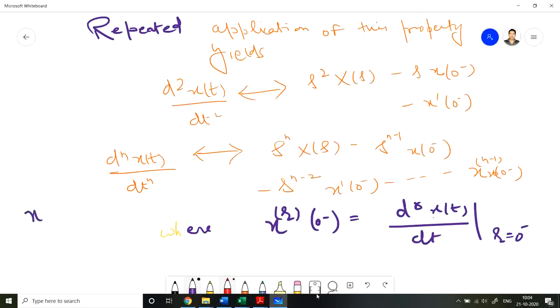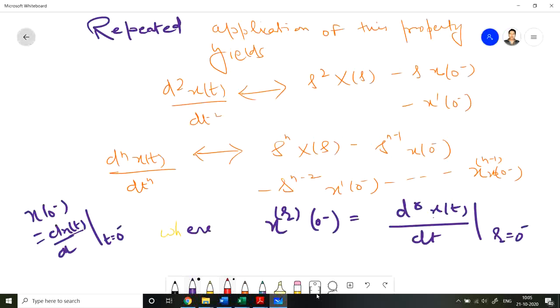So x(0-) is nothing but x(t) at t equals 0-, and for the rth derivative, it is d^r x(t) by dt^r at t equals 0-. So this is the differentiation property.